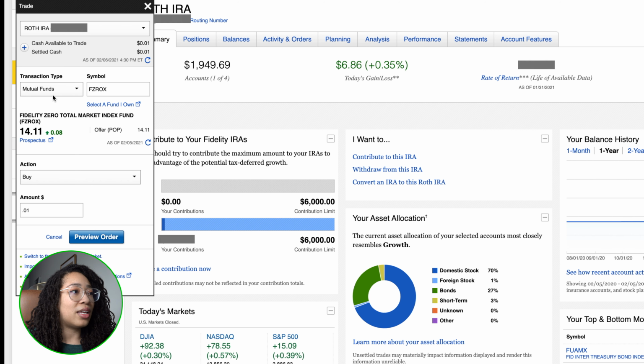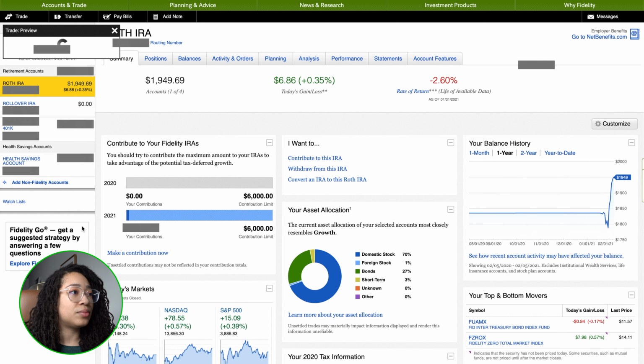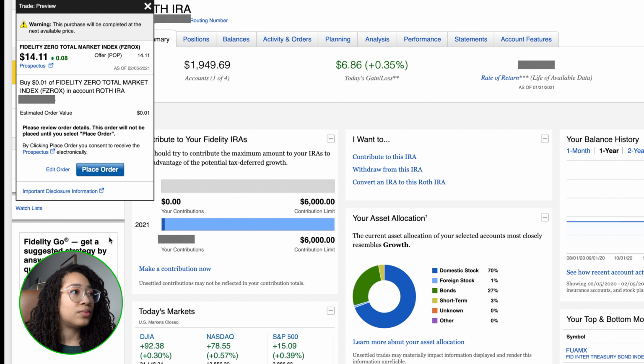And so as you can see, where the transaction type is mutual funds, that's a symbol. This is the symbol written out, Fidelity Zero Total Market Index Fund. We're buying, and this is how much we would do. So then you preview the order. It gives you a warning. It's going to be completed at the next available price.